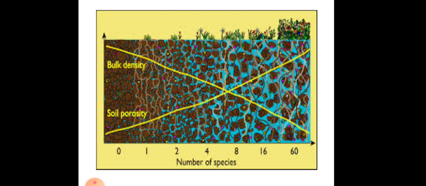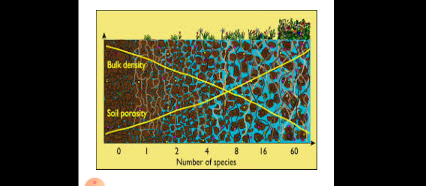Then here is a graph which indicates the bulk density and soil porosity. If the spaces are more then bulk density is lower, and if the spaces are more then soil porosity is higher. So this diagrammatic representation shows the relation between bulk density and pore density.